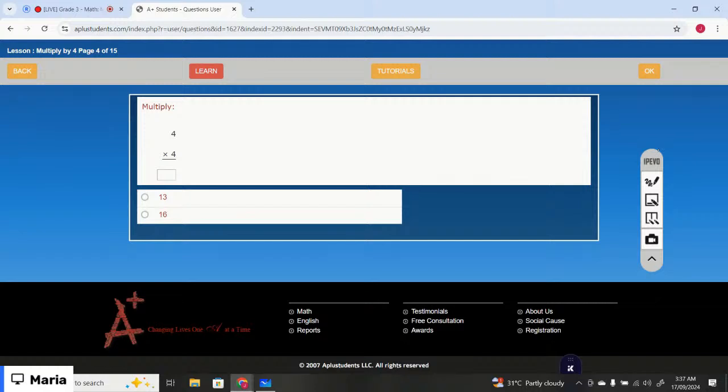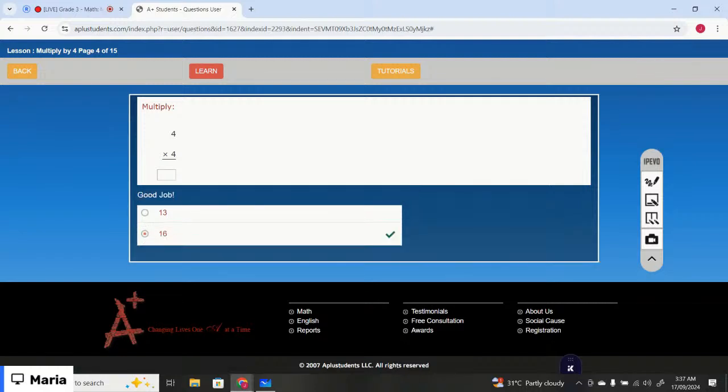So 16 it is. The correct option is 16. Option number 2 is the correct option.